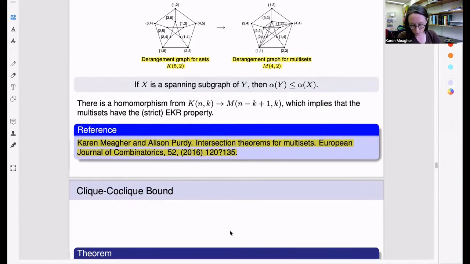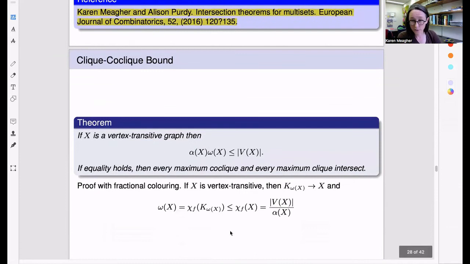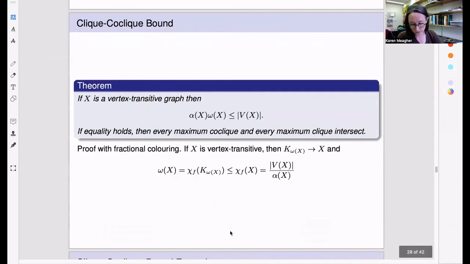When you think of homomorphisms, you think of colorings and fractional colorings. Looking at fractional colorings, we get a nice bound when we're holding on to a vertex transitive graph. If our graph X is vertex transitive, then alpha(X), the size of your largest co-clique, times omega(X), the size of your largest clique, is bounded by the number of vertices in your graph.